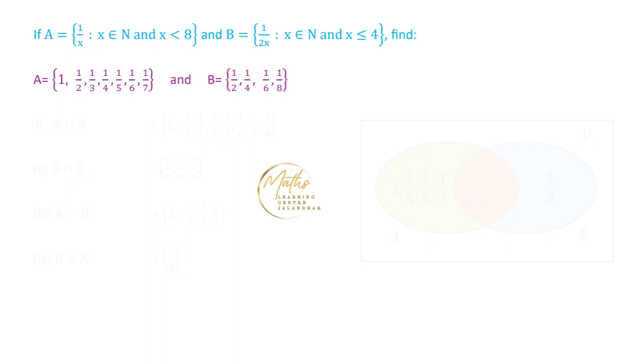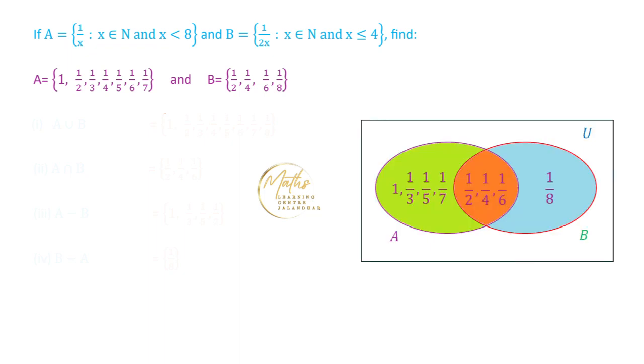Now if we represent these two sets using a Venn diagram, we obtain this kind of representation. A has the elements 1, 1 by 3, 1 by 5, 1 by 7, 1 by 2, 1 by 4, 1 by 6. B has the elements 1 by 2, 1 by 4, 1 by 6 and 1 by 8. These are the common elements that we have over here.